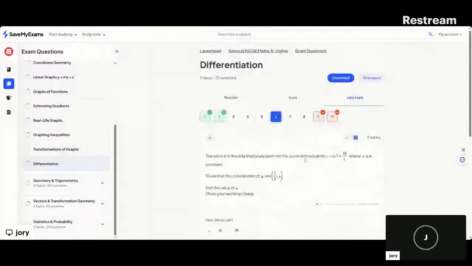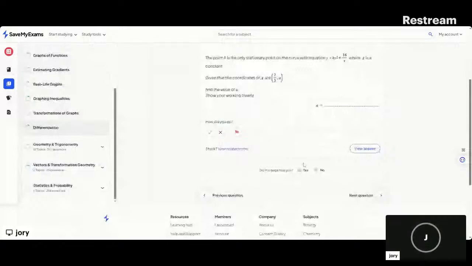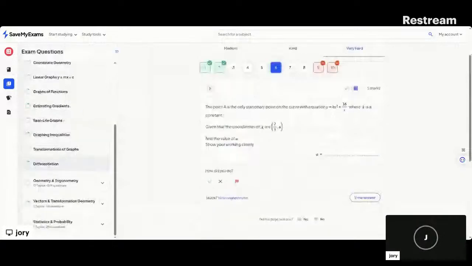Let's get this one. Okay, this one's 5 marks. Point A is the only stationary point on a curve with this equation, where k is a constant, given that the coordinates of A are this.